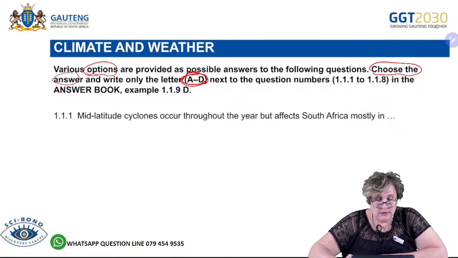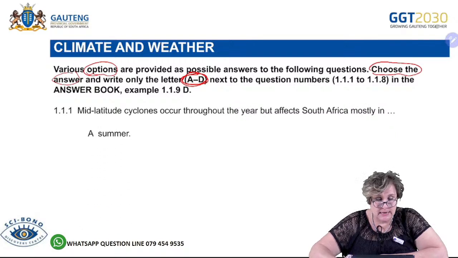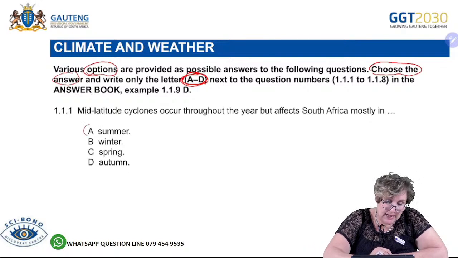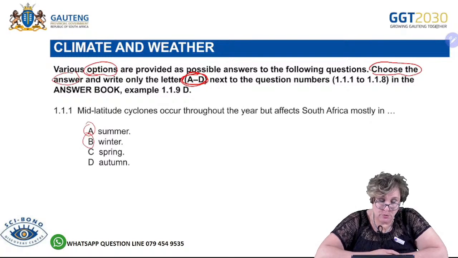Mid-latitude cyclones occur throughout the year, but it affects South Africa mostly in summer, winter, spring, or autumn. Remember, you have to choose a letter, not a word.